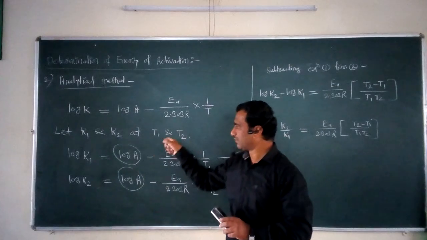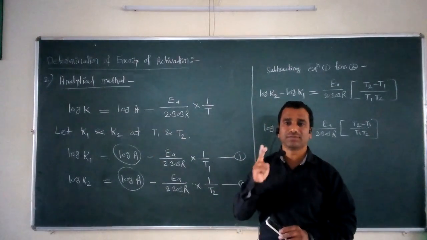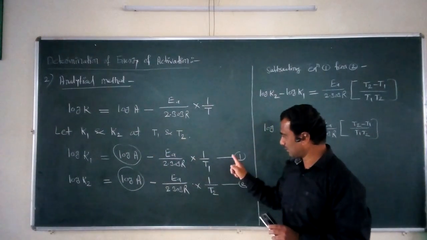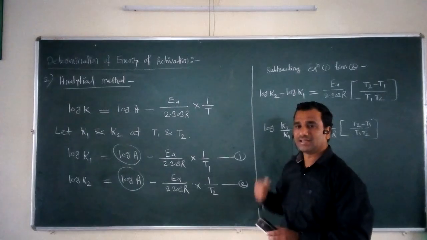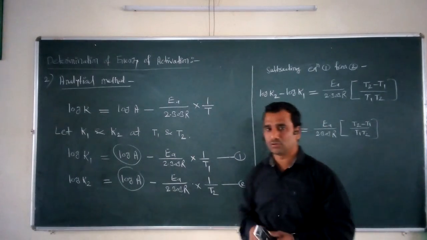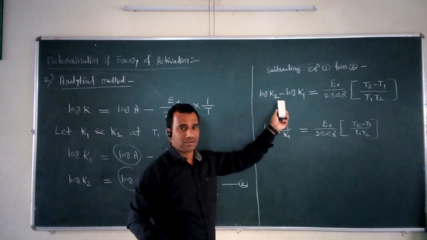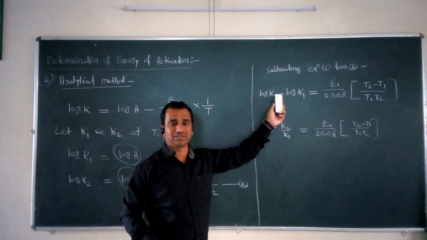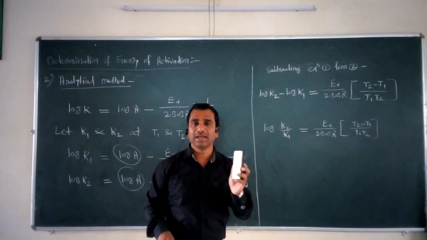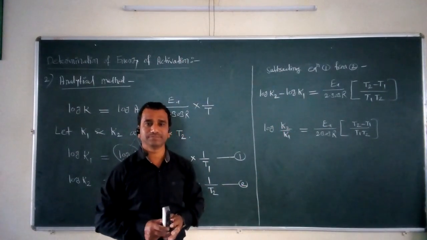If we substitute these values in our equation, we get two forms of the equation, equation number 1 and equation number 2. Subtracting equation number 1 from equation number 2, we get this final equation for calculating the energy of activation for a particular chemical reaction.